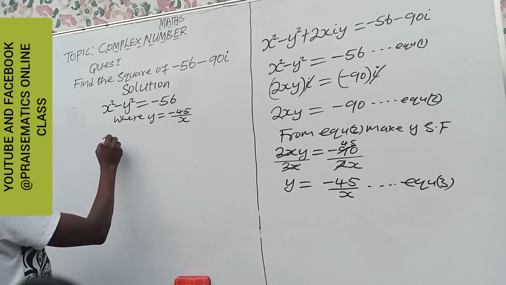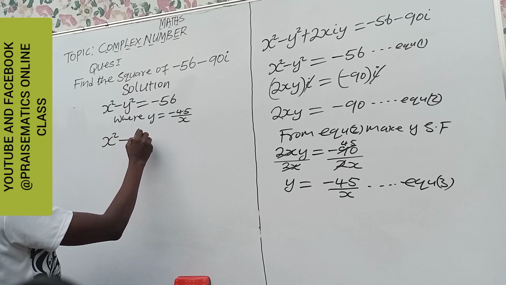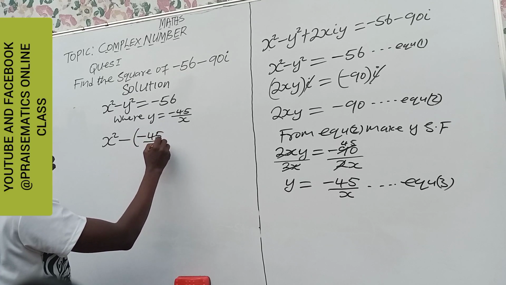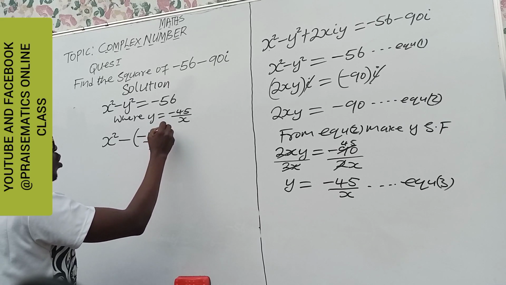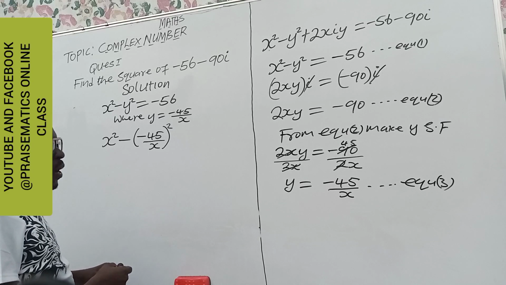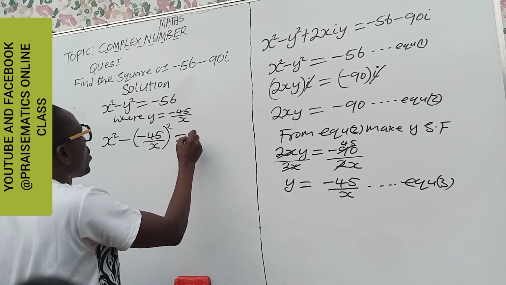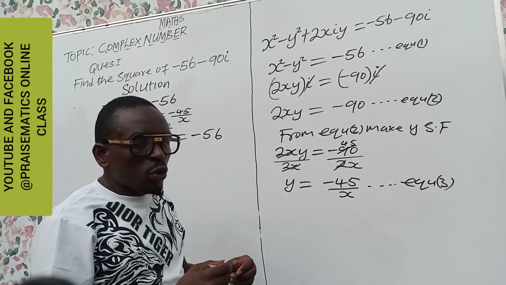So we have x squared minus, in bracket, minus 45 over x, all squared, is equal to minus 56. So what do we do here?